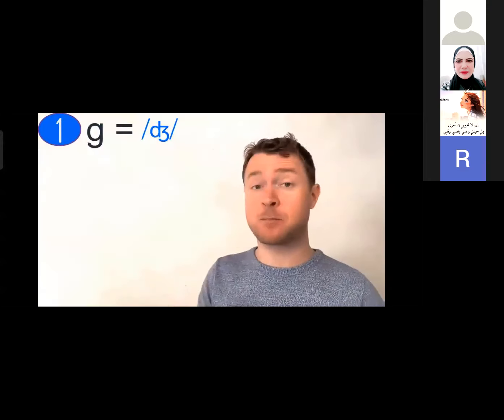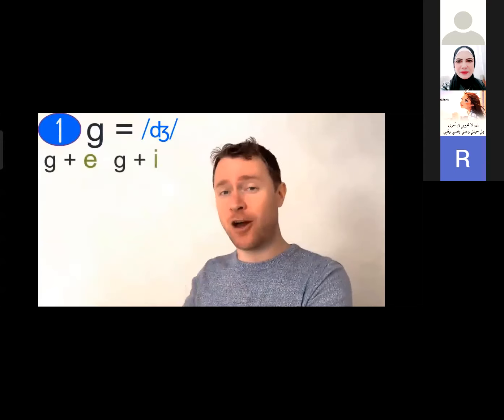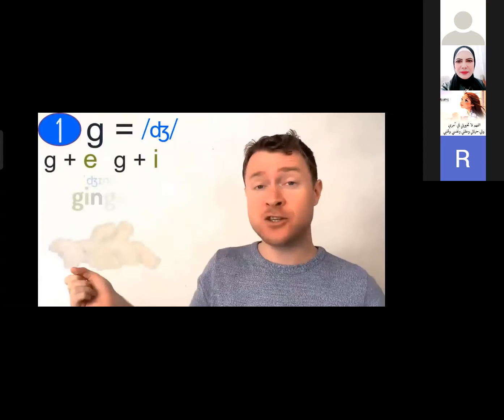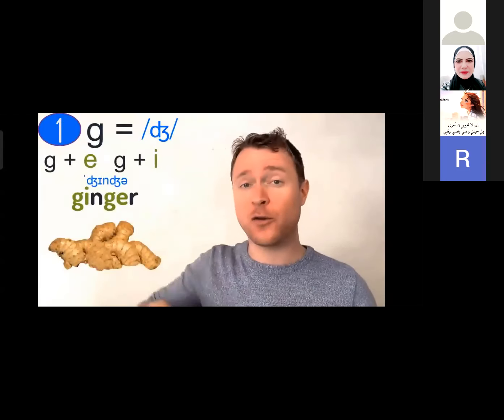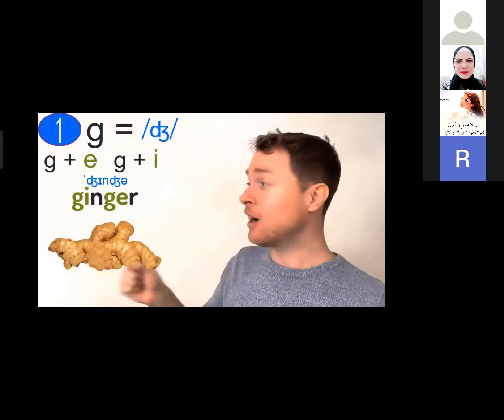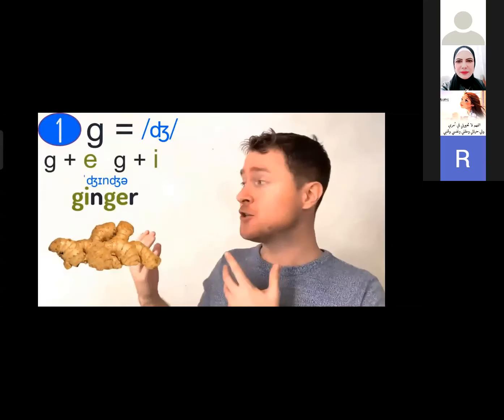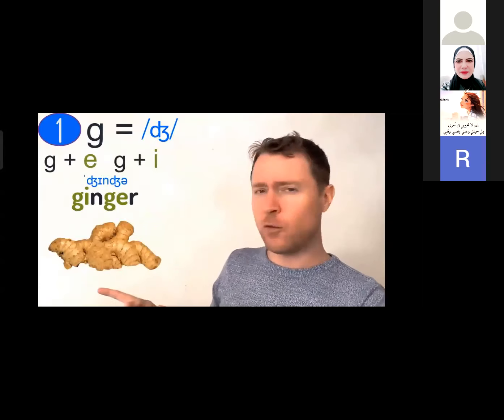A really good word to practice both G and E and G and I is the word ginger. Now, I like ginger. I like to put ginger in a lot of foods that I eat. I think it tastes really nice. I also like to drink ginger tea. Okay, I love ginger tea.